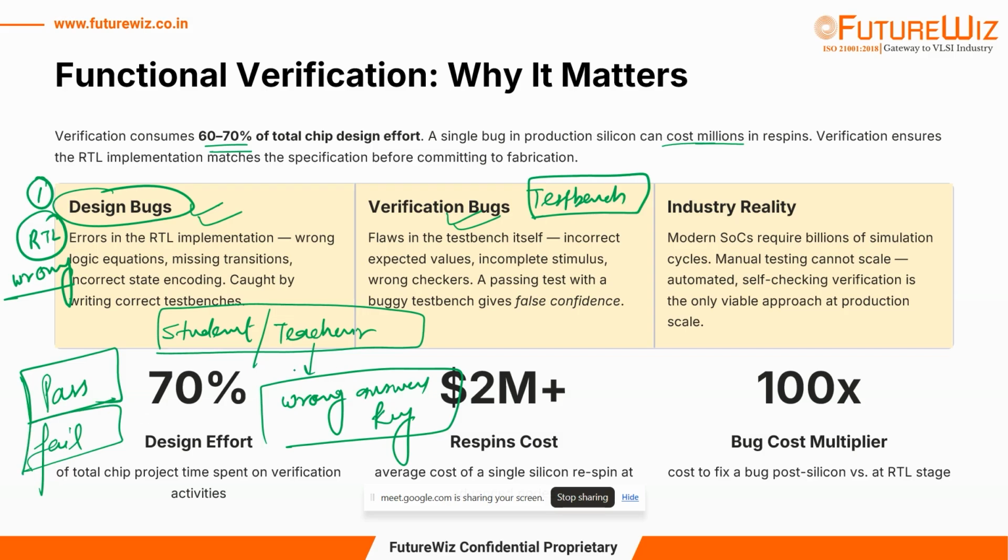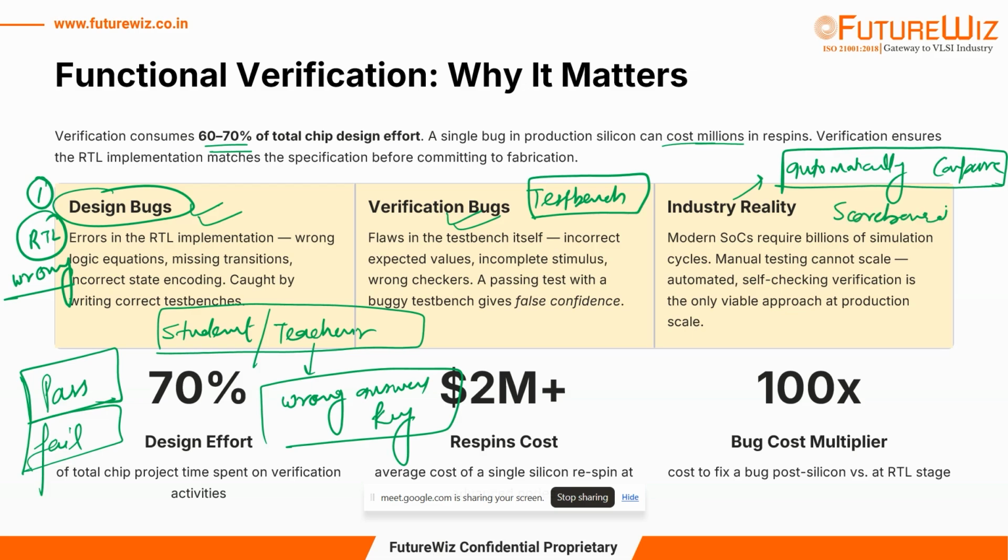In industry reality, they are basically working on automatic comparison. Automatic comparison means it does not happen that every test case is given manually and you check manually whether it is correct or not. That's why automated verification, or test benches, are required to verify your DUT, working just like a scoreboard.